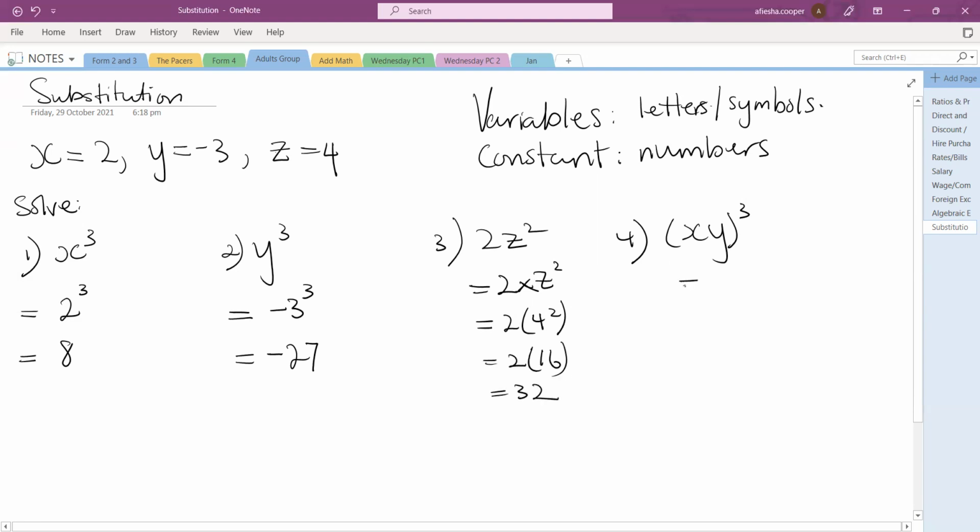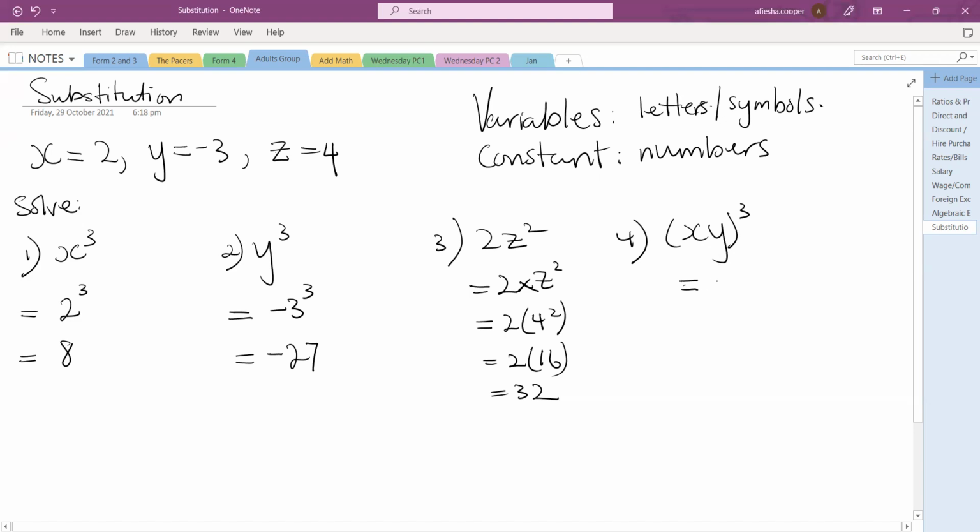Now if we look at this example, for both numbers to be considered squared, they have to be in a bracket, like number 4 here. So for this example, we have brackets and the cube is outside of the brackets.